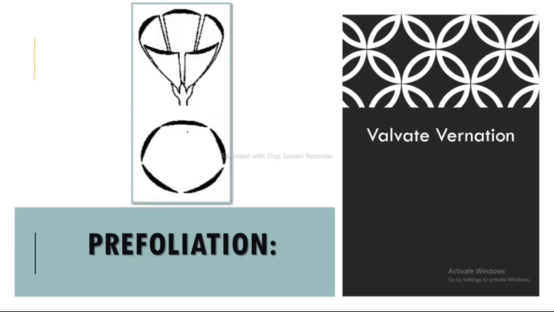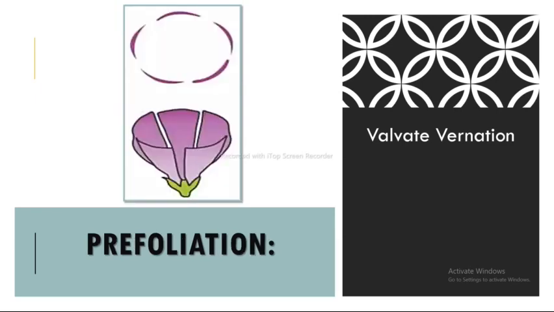The floral leaves in a whorl may just touch one another at the margins without overlapping, as seen in the family Annonaceae or the subfamily Mimosoideae.